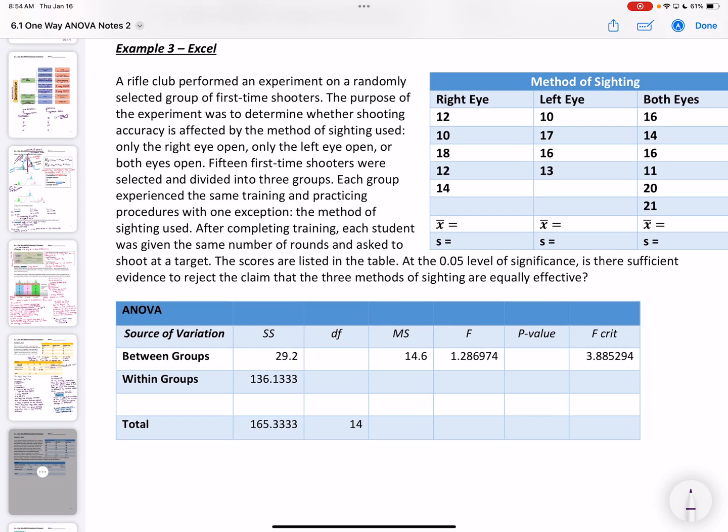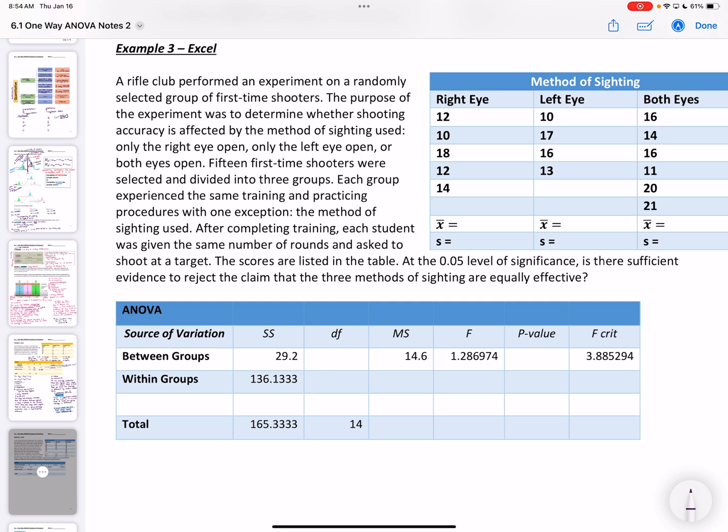All right, everybody? Okay, so a rifle club performed an experiment on a randomly selected group of first-time shooters. The purpose of the experiment was to determine whether shooting accuracy is affected by the method of sighting used: only the right eye open, only the left eye open, or both eyes open. 15 first-time shooters were selected and divided into 3 groups.